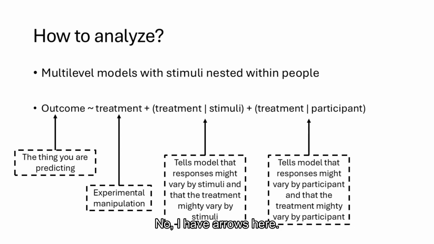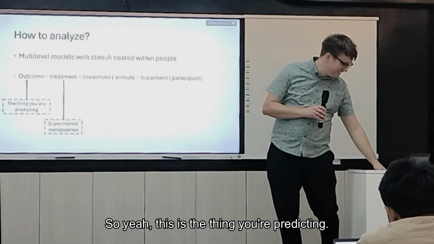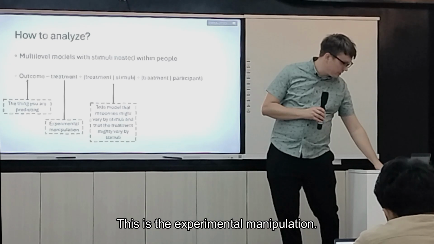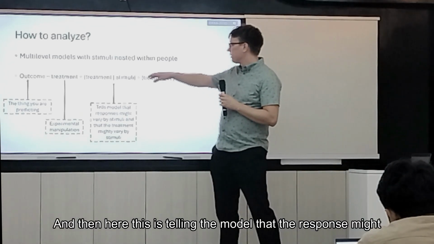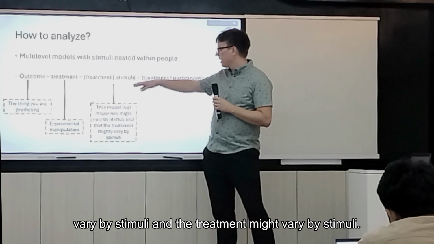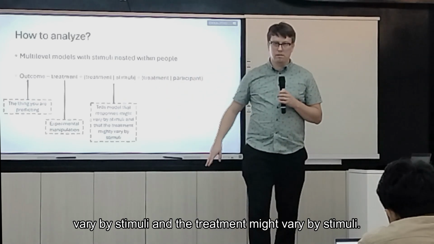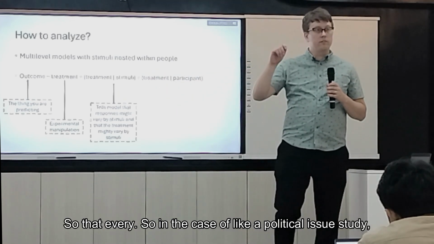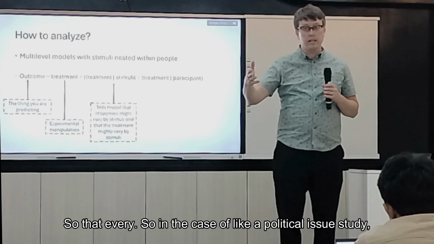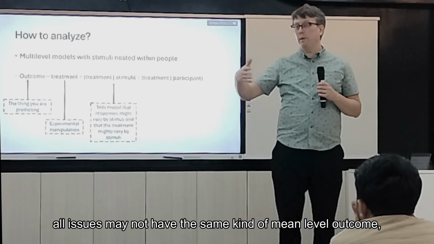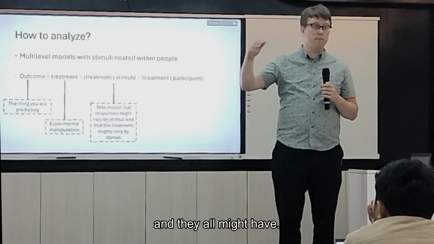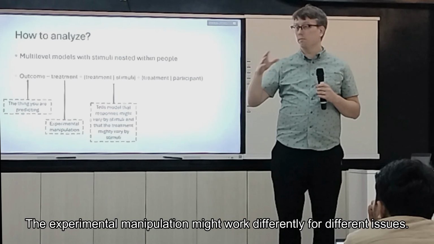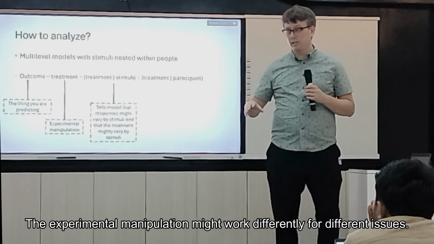I have arrows here. So this is the thing you're predicting. This is the experimental manipulation. And then this is telling the model that the response might vary by stimuli and the treatment might vary by stimuli. So in the case of a political issue study, all issues may not have the same mean level outcome, and the experimental manipulation might work differently for different issues.